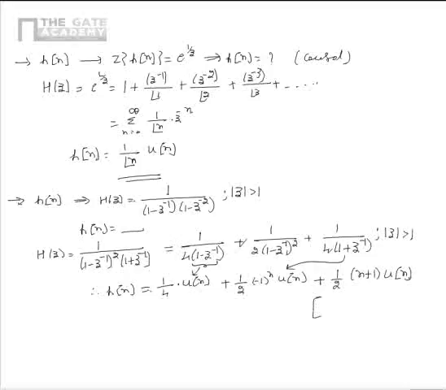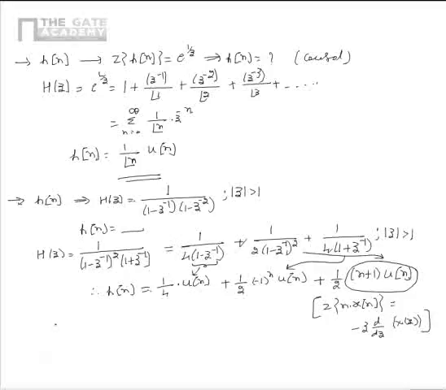This can be obtained by using the identity that the z transform of n into x(n) is equal to -z into d/dz of X(z), and also note that (n + 1) u(n) is the inverse z transform of 1/(1 - z^-1) whole square.